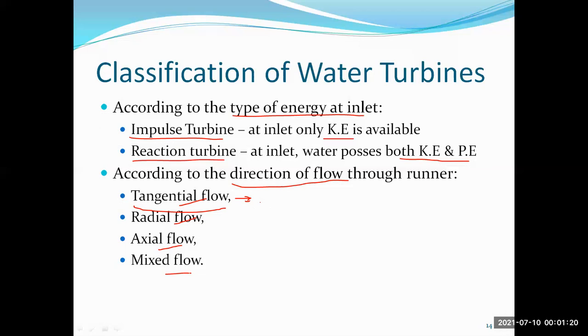If water enters in a radial direction, it is called a radial flow turbine, and if the water enters parallel to the axis of rotation, it is called an axial flow turbine. Mixed flow turbine means it enters in a radial direction and leaves in a direction parallel to the axis of rotation.